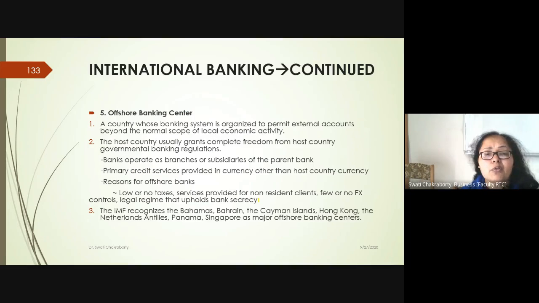We also have the offshore banking center, a country whose banking system is organized to permit external accounts beyond the normal scope of local economic activity. The host country usually grants complete freedom from host country governmental banking regulations, right? Banks operate as branches or subsidiaries of the parent bank, and the primary credit services are provided in currency other than the host country currency.